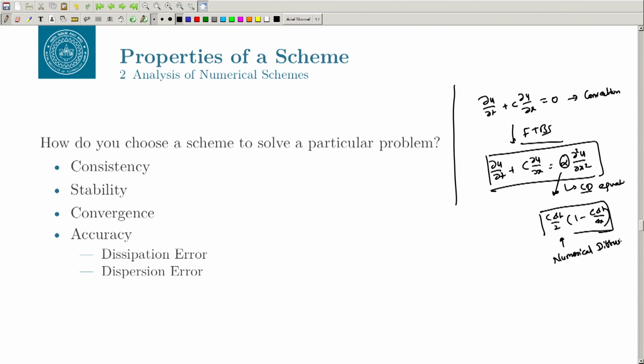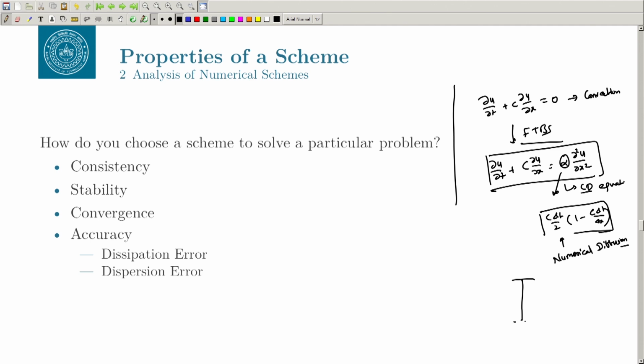All the schemes that you use in your CFD will have some amount of numerical diffusion. If there is absolutely no numerical diffusion, it is likely that your solution will blow up. But at the same time you want to make sure that the diffusion is not too much. If the diffusion is too much, then you are smearing out your profile.